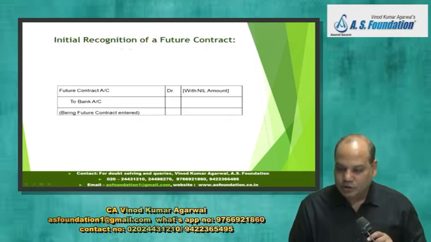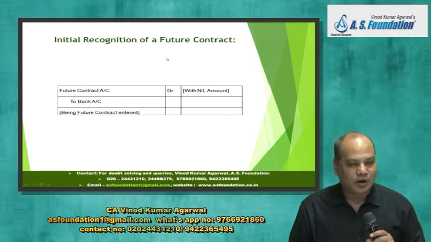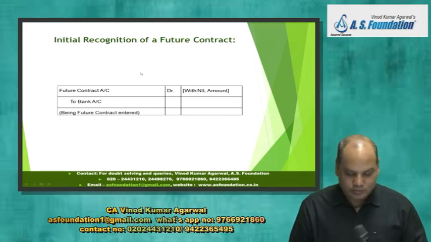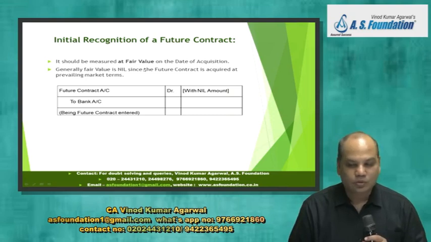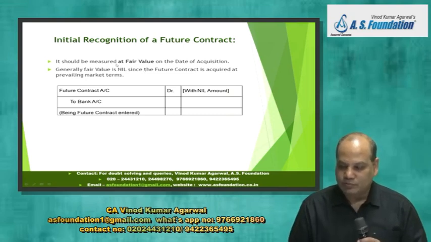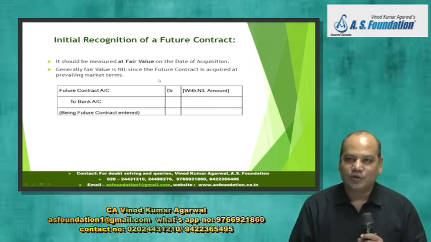And then initial recognition of the future contract. Second entry, you have to pass an entry at fair value. Derivatives are measured at fair value on the date of acquisition. Usually, the fair value of the future contract will be nil on the date of acquisition, because you buy it at the market price only.